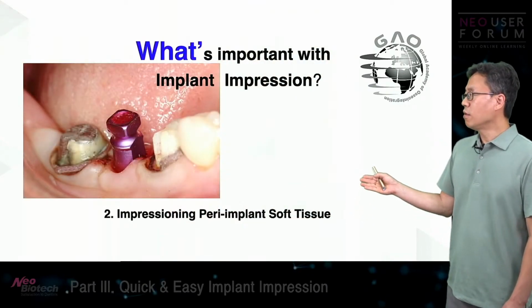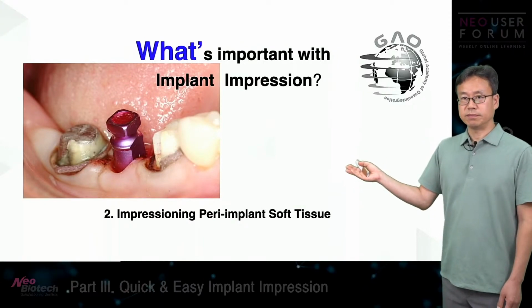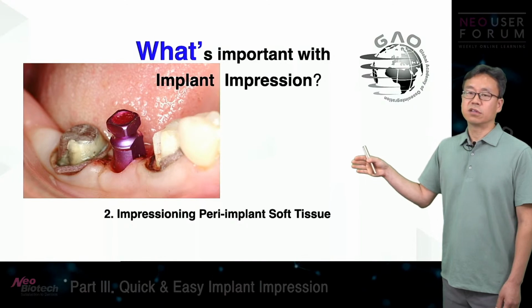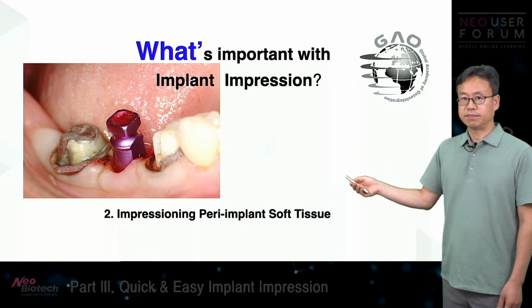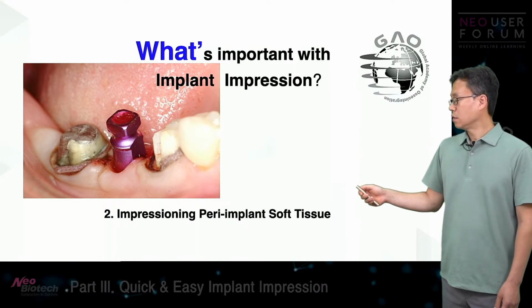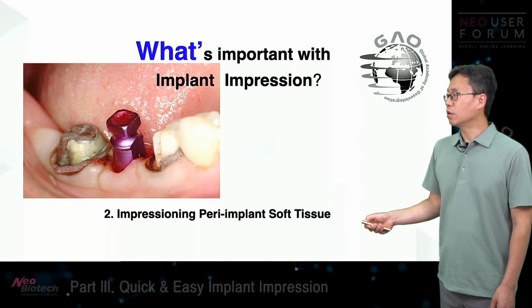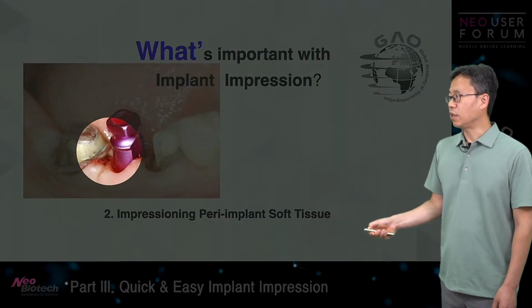There's another piece of information we want to get from the impression. That is the impression of the soft tissue around the implant. This is an example of an impression taken for an implant and also for 2 natural teeth.